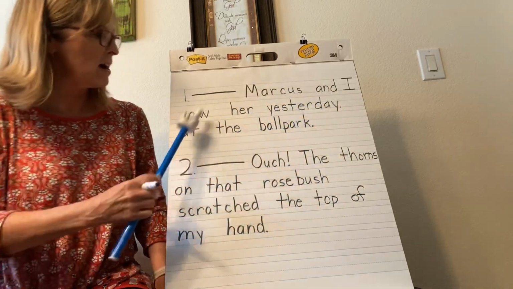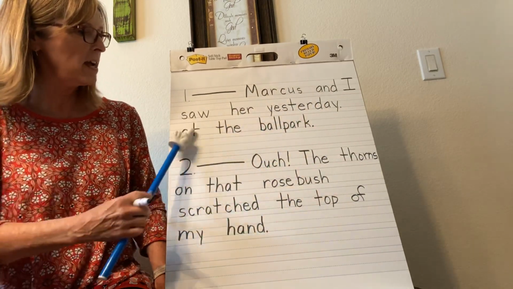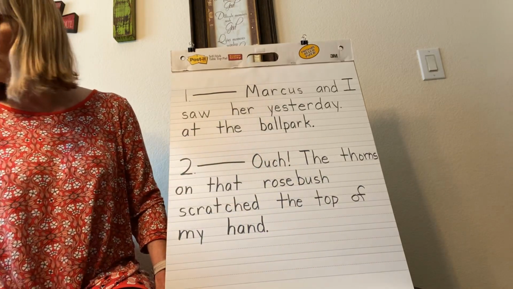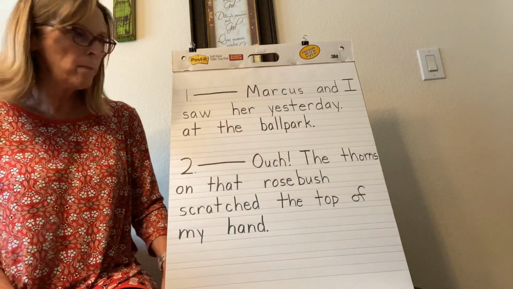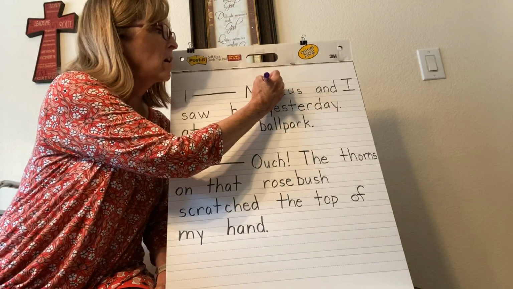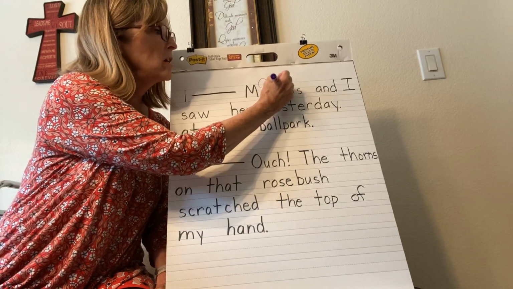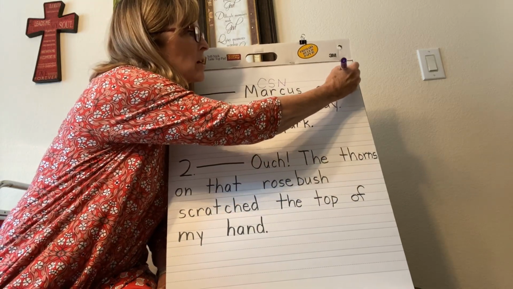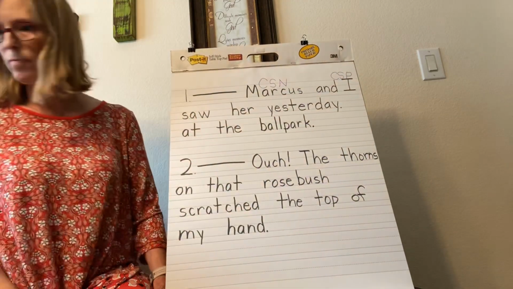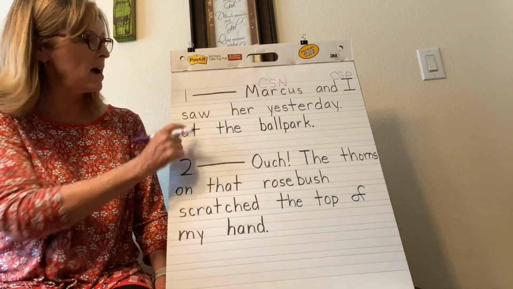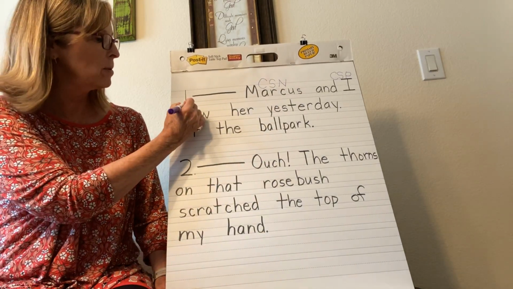Marcus and I saw her yesterday at the ballpark. Who saw her yesterday at the ballpark? Marcus and I. Compound subject noun. Compound subject pronoun. What is being said about Marcus and I? Marcus and I saw. Verb.